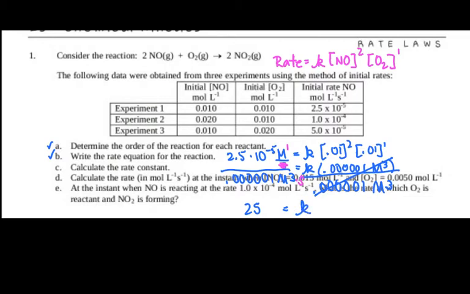So here's what happens to the units. You have molarity to the first divided by molarity raised to the third power, and when you divide exponents, you're really subtracting them. So that's like a 1, and then you're subtracting 3 from that, which is going to give you a -2. So this is going to be 25, and then the molarity is -2.